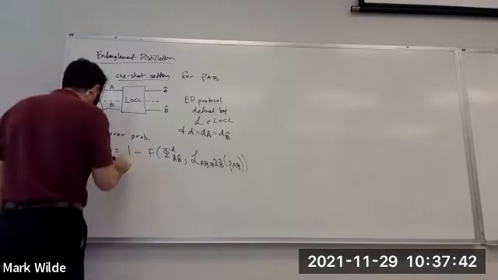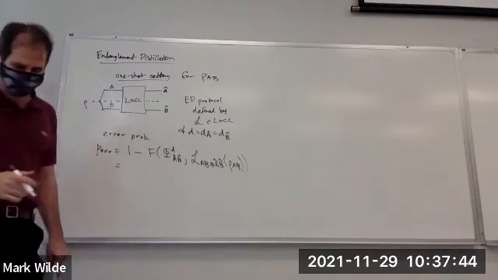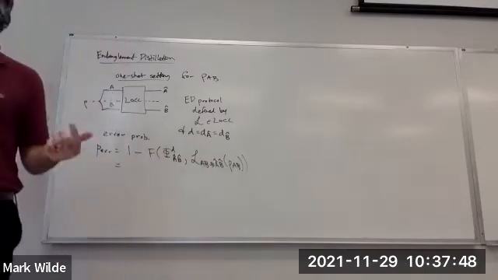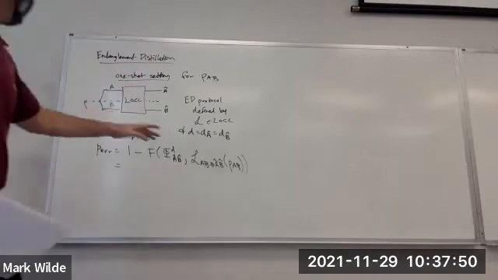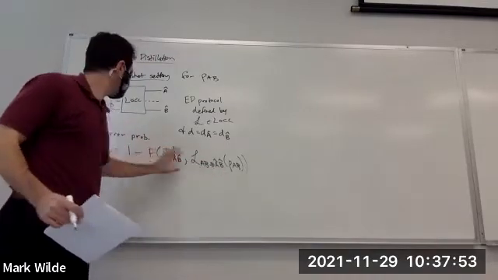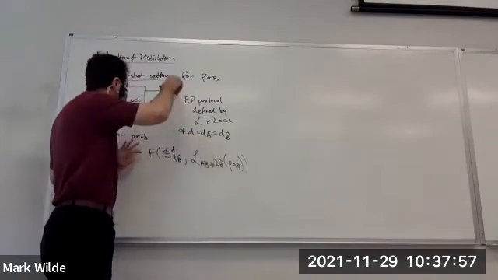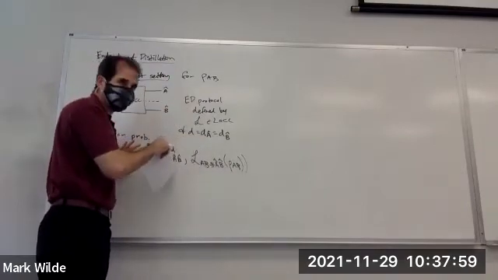We can rewrite this: remember the interpretation of fidelity, when one state is pure and the other is not, it's the probability that the actual state at the end of the protocol would pass a test for being the maximally entangled state.